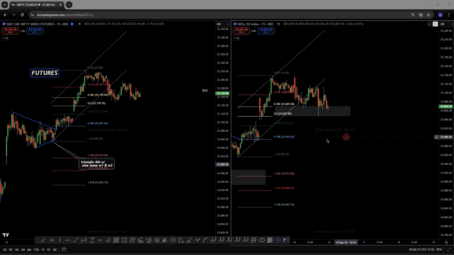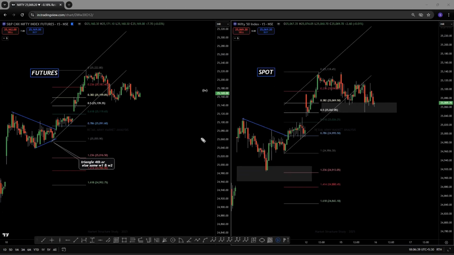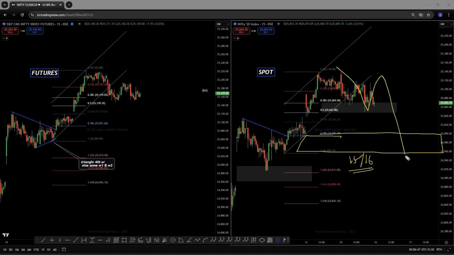If this fall happens towards the 25,000 level by the 15th and 16th, then what we look for is an end pattern and then an up move for 25,200 plus level. So 25,200 will be the main target. After that, we'll see what happens.